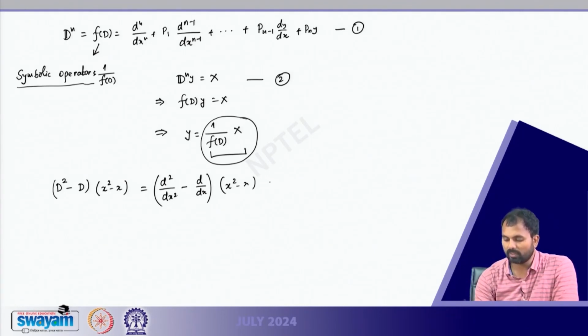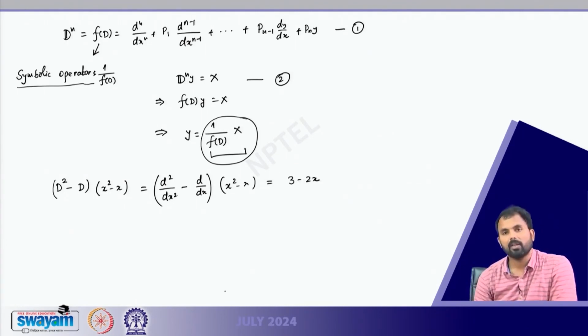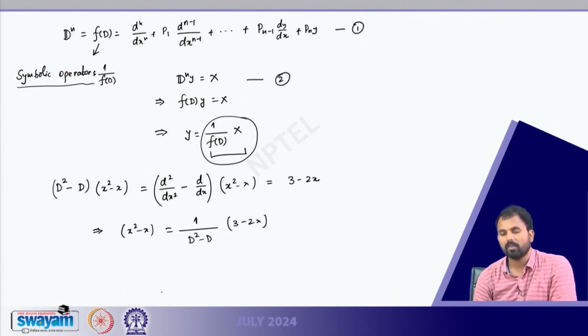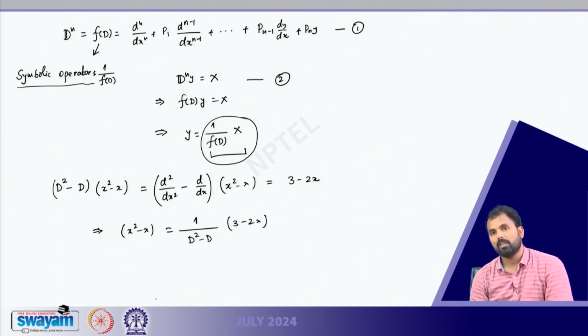If you do this derivative, it will yield 3 minus 2x, right? So in a way, we are trying to say that x squared minus x equals 1 by (D squared minus D) of 3 minus 2x. This is what we mean to say.